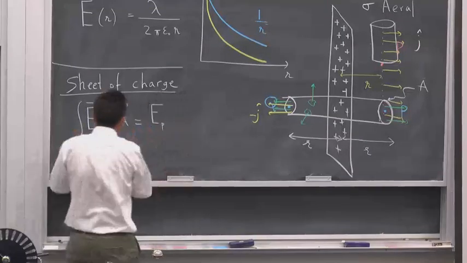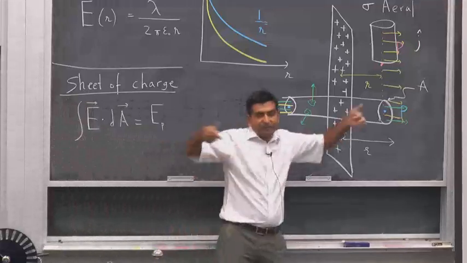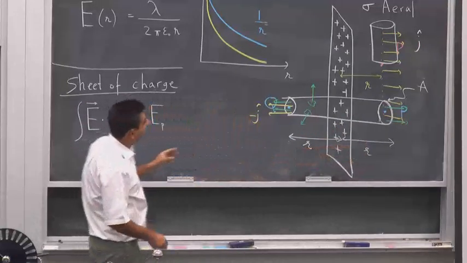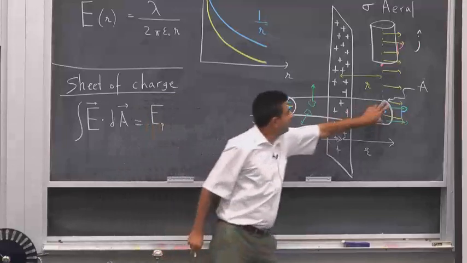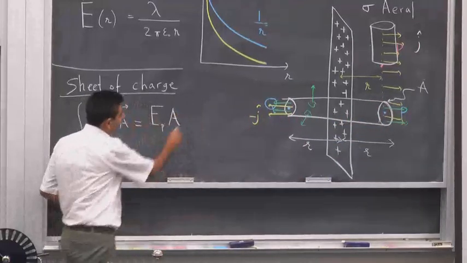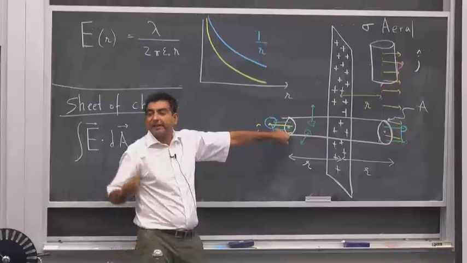The angle between these vectors on this cap is 0, so cosine theta is 1. I integrate over the area, I get the area of this end cap, which is A, plus I perform a similar integration on this cap, it's again EPA.